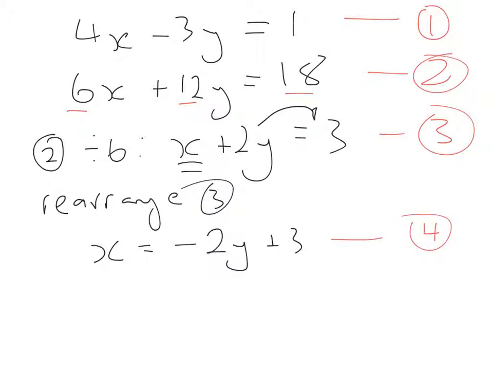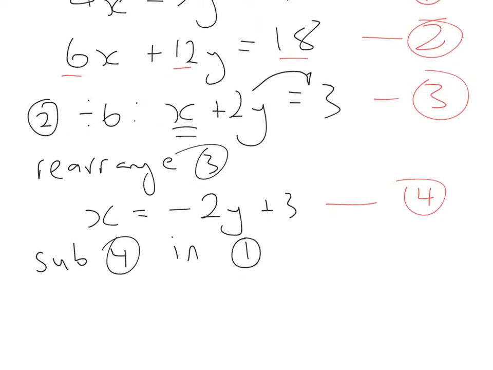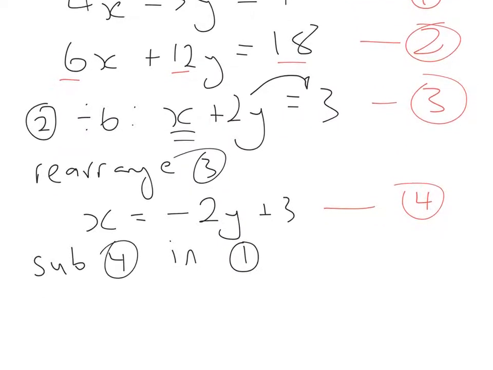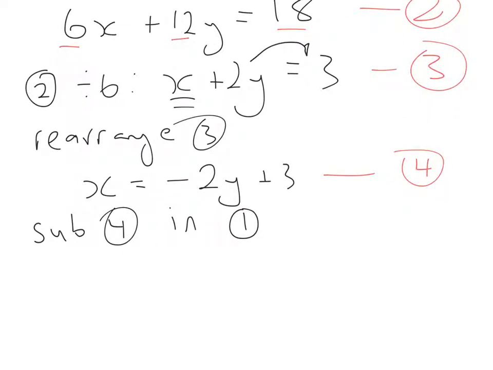And we're going to take equation 4 and put that in equation 1. So it's 4 lots of what x is, minus 3y equals 1. And again, same situation.